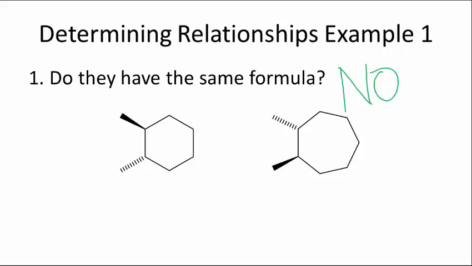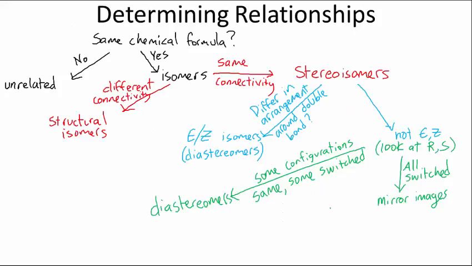No. So, if they don't have the same chemical formula, what can we say about the relationship? They're unrelated. All right, so no relationship. So that was step 1 here in our flow chart. Do they have the same chemical formula or not? And if not, then they're unrelated.